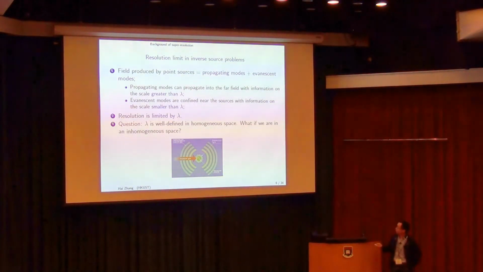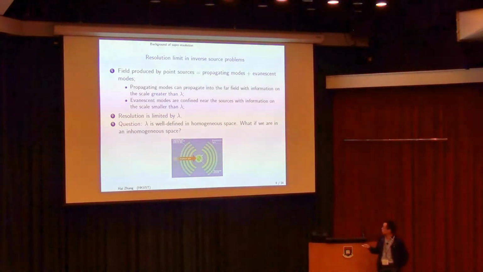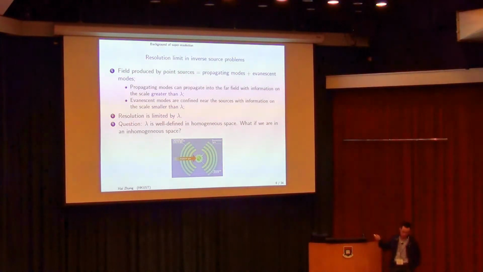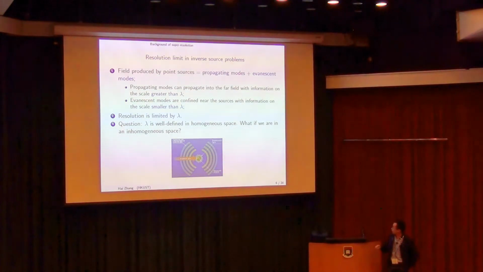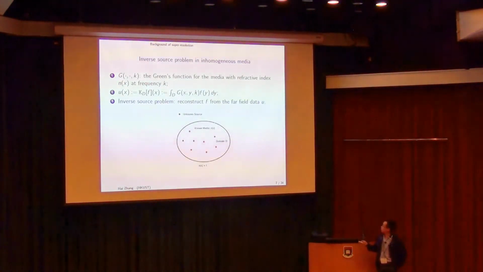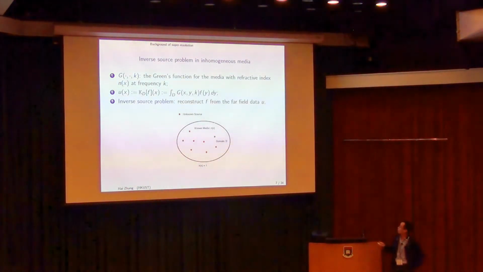This analysis is very well known in the homogeneous space, where we can have Fourier analysis, Fourier optics, and we can define the wavelengths. However, if we are in an inhomogeneous space, then the wavelength is not a well-defined concept. As a result, we have to recast this problem as an inverse source problem.